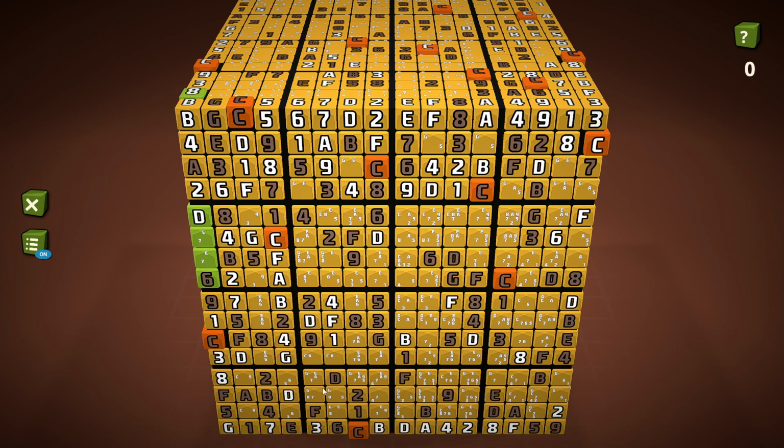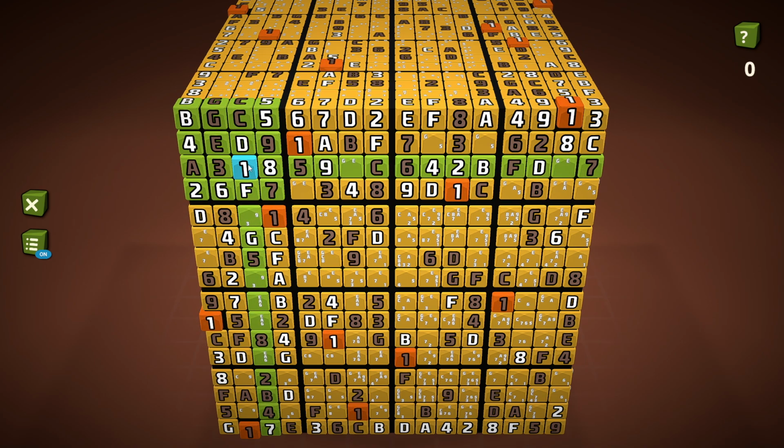I'm not seeing any that are just standing alone. So let's try to do a nice little scan. Here, 1, 1, 1. Yep, still 2 1s. 1 and 1. 4 1s.